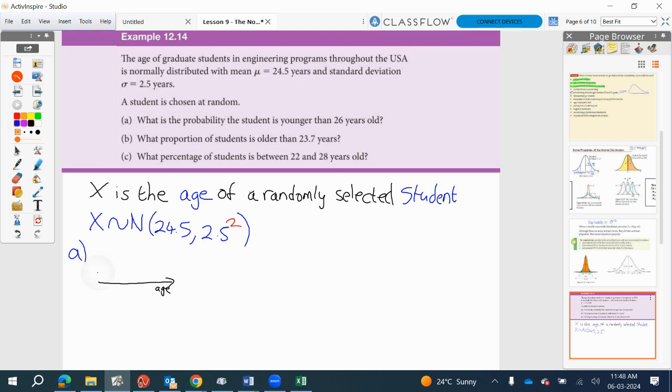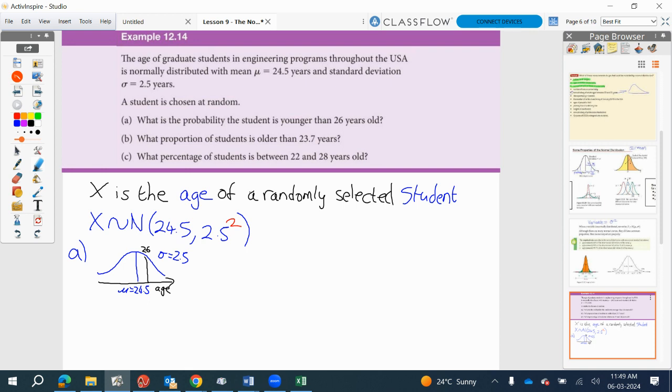Here we've got the age. We have our normal distribution curve. Here is the mean. What is the value of the mean? 24.5. Population mean is 24.5. Standard deviation is 2.5. We are after 26. Is that higher or lower than the mean? Higher. Do we want to shade the left tail or the right tail?